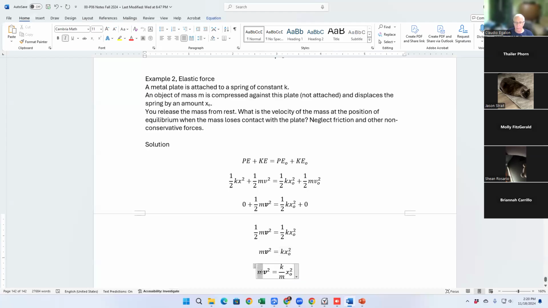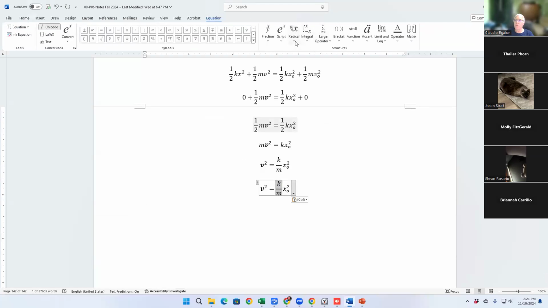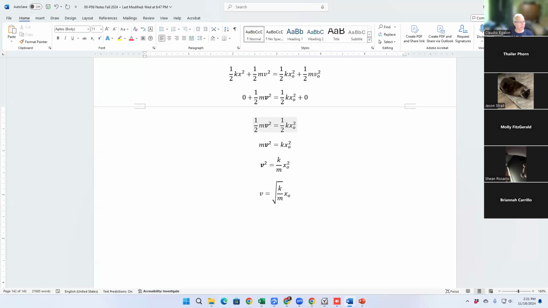And we have that solution right in here. That is going to be the final velocity.